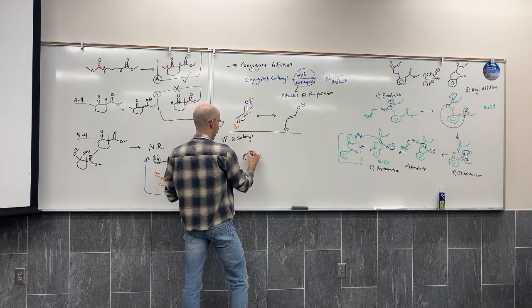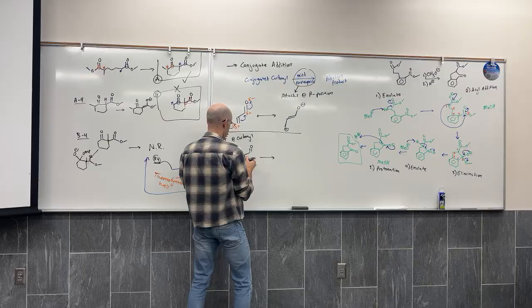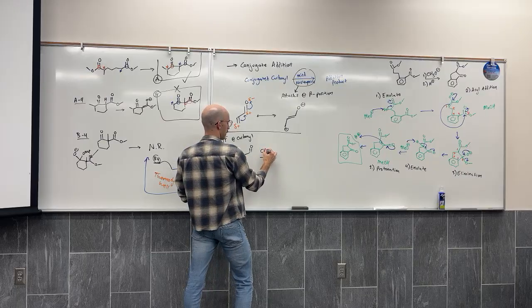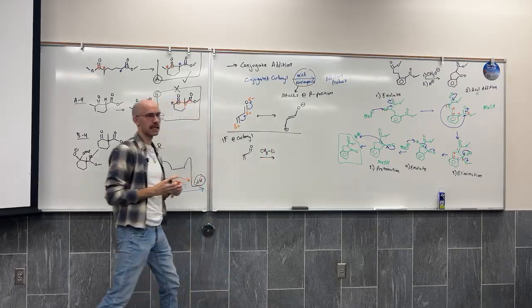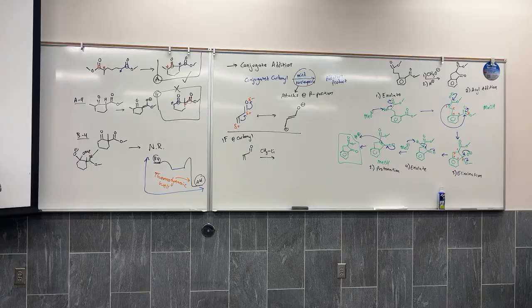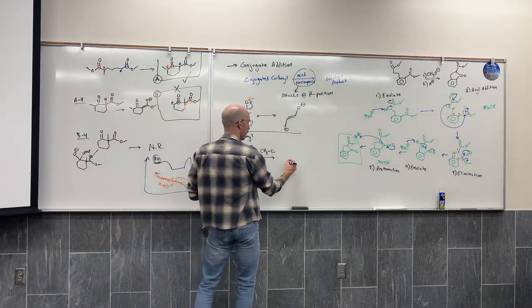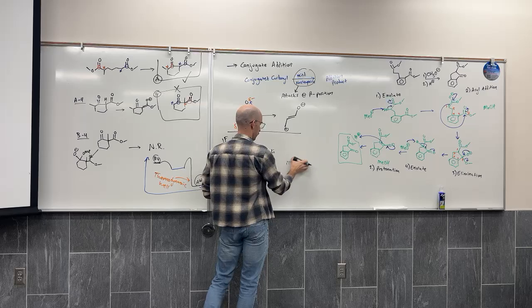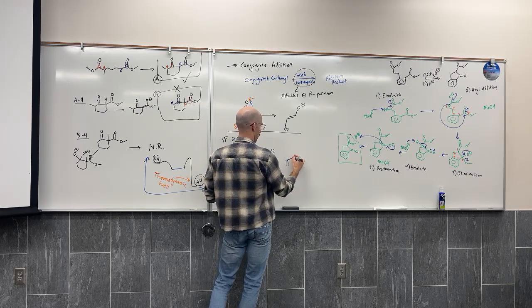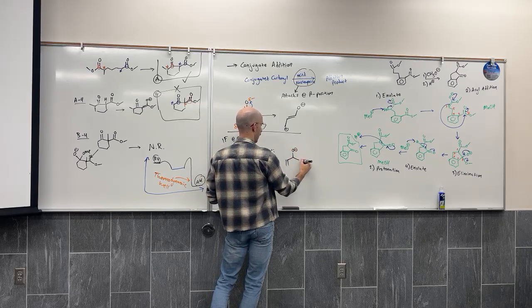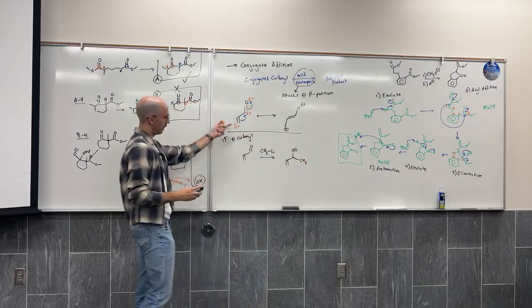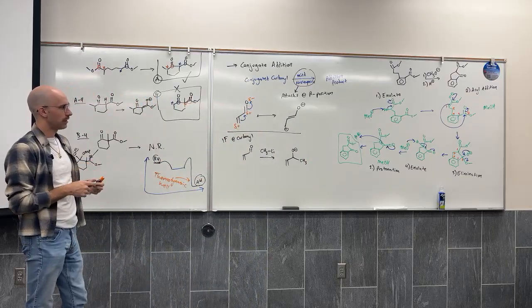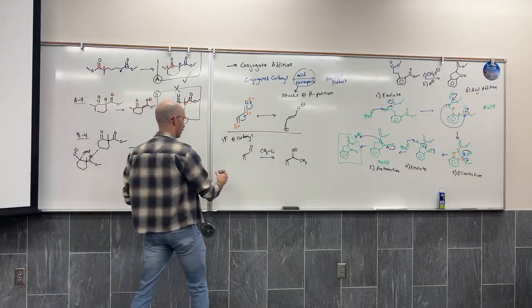Well, we already know about things that attack at carbonyls. So what if we talk about an organometallic like an organolithium or a Grignard? These we know run acyl addition. Despite the fact that they could attack at the beta carbon, they only attack at the carbonyl.